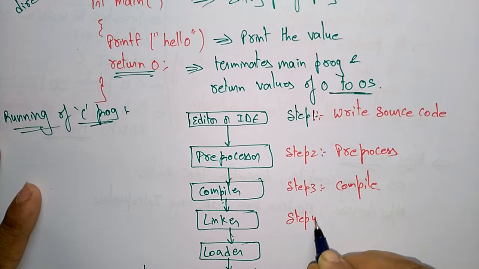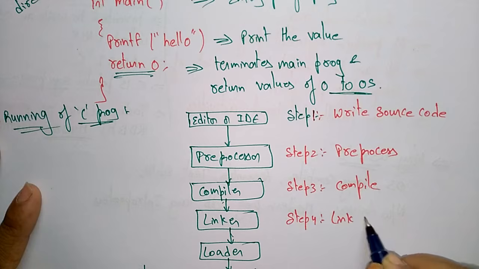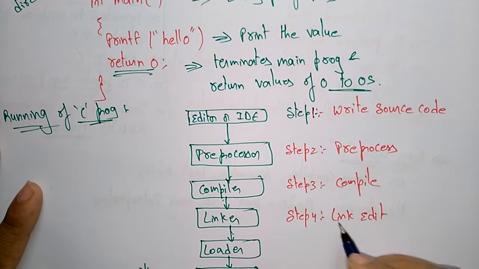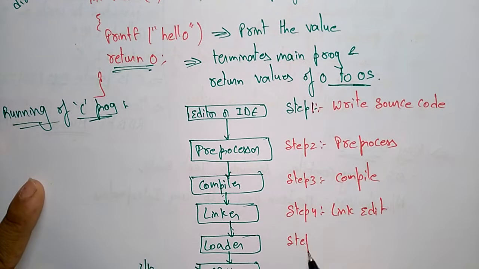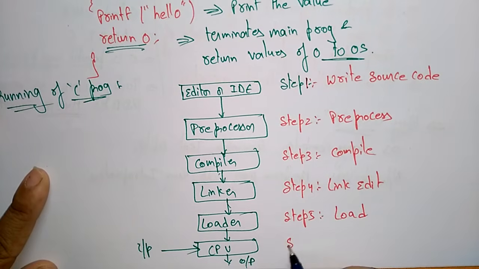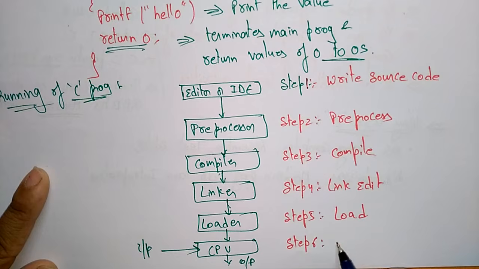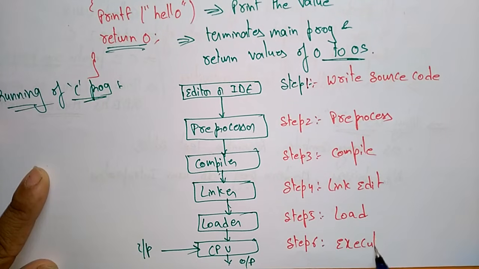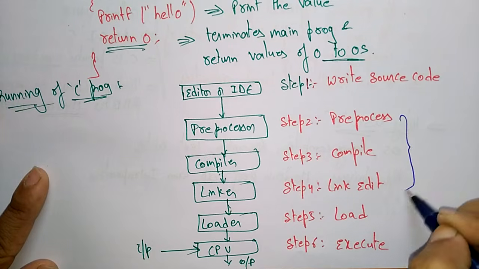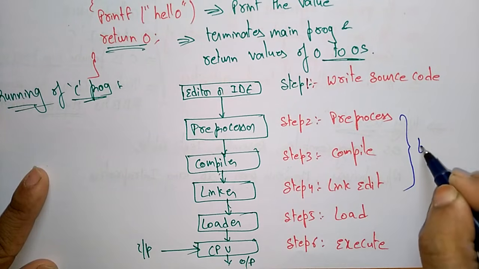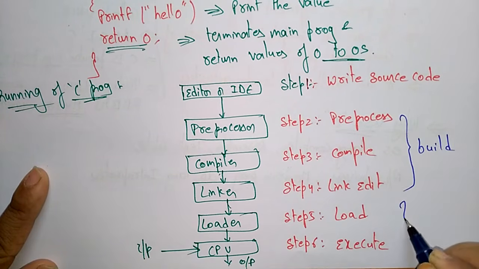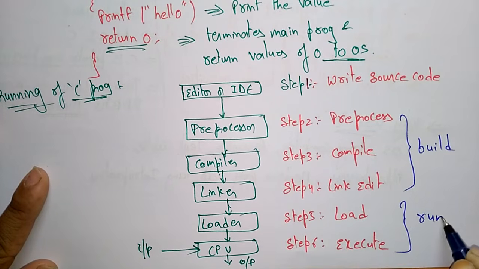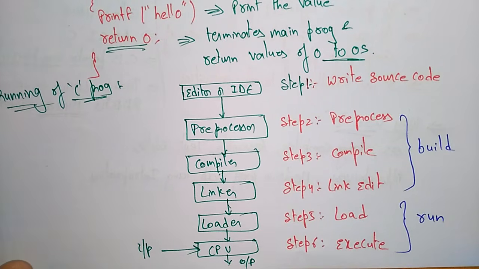Step 4, it is linking. Step 5, it loads the program. And step 6 is execute in the CPU. So this comes under the build section, it is building the program. After that, load and execute are in the run section.